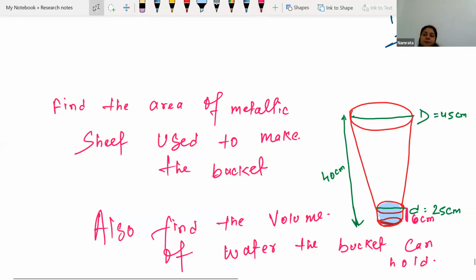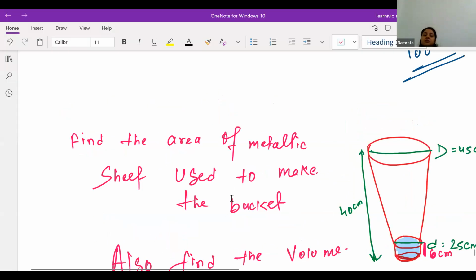Anyone? How much area of the metallic sheet will be used to make this bucket? You can see the bucket shape. Clearly, I have plotted the figure over it.